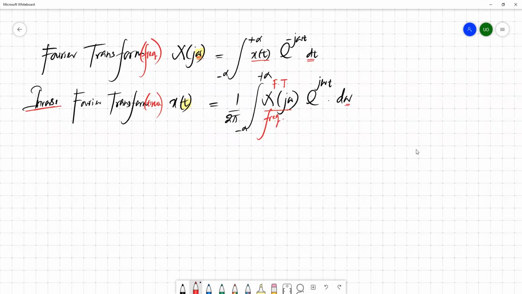So keep in mind the difference. This is your Fourier transform. This is your inverse Fourier transform.